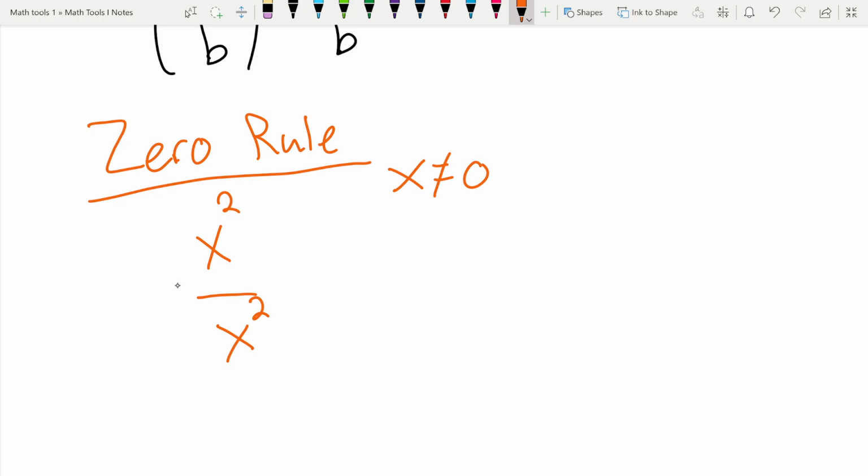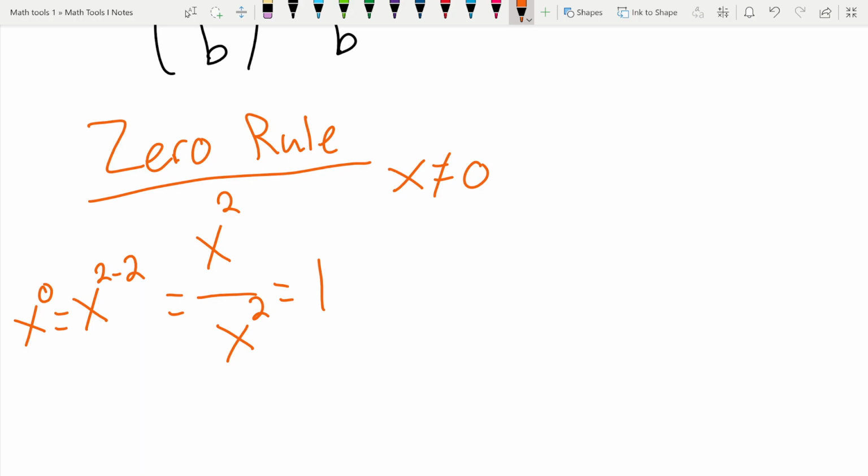So I'm going to go in two directions with this. This is x to the 2 minus 2, right, from the quotient rule. So this is x to the 0. But on the other hand, we know that anything divided by itself is 1.